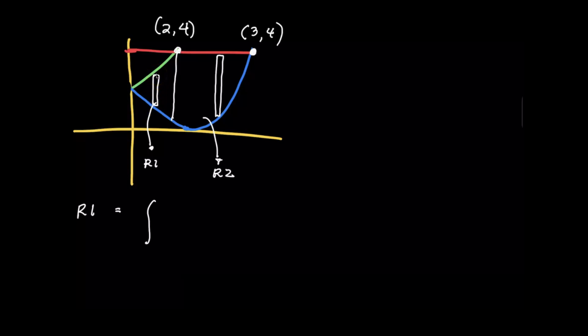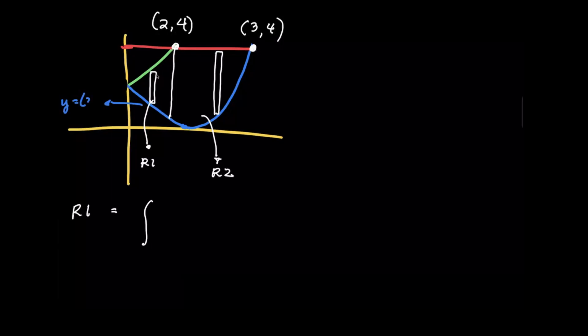What is our blue line? y = (x − 1)². And the green line is x = log y base 2. However, what do we want? We want to get the y because this is the change in y.